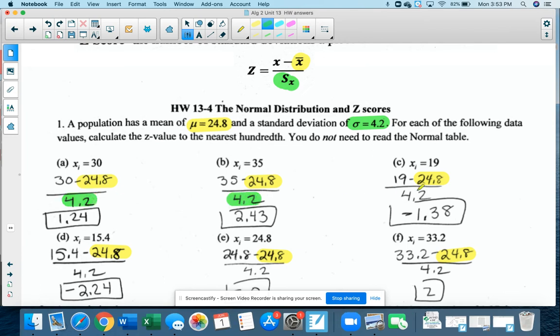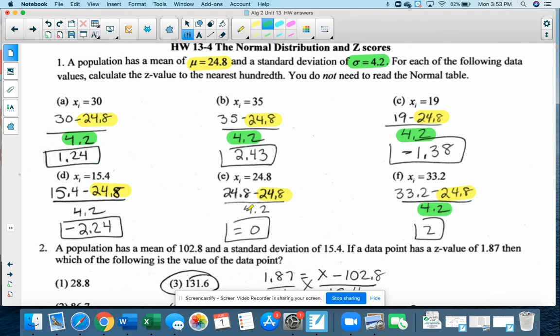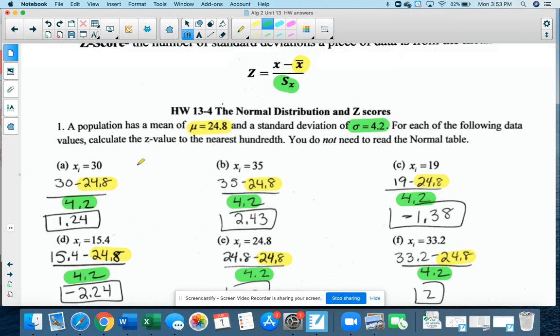The only thing that changes is that x value. They're going to give us an x value in every single problem. I'm going to subtract the mean, and I'm going to divide by the standard deviation.